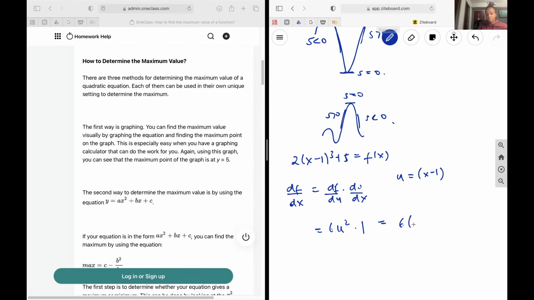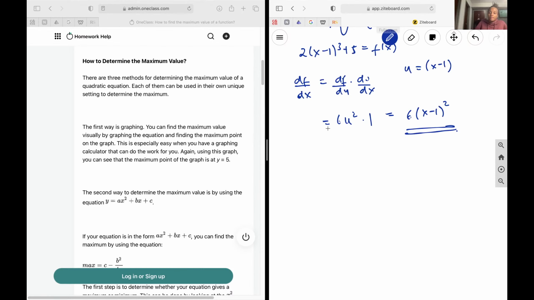This will give me 6 into x minus 1 squared by 1, and that's going to be my derivative. Next, I want to set this derivative equal to 0. That is 6 into x minus 1 squared, and this will be 0 when x minus 1 is equal to 0, so x is equal to 1.